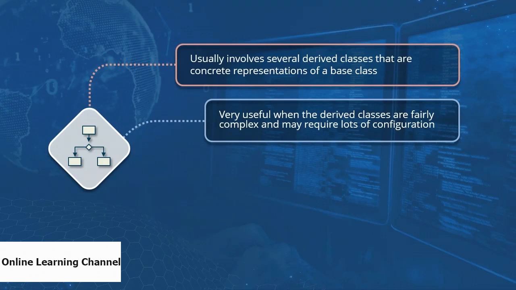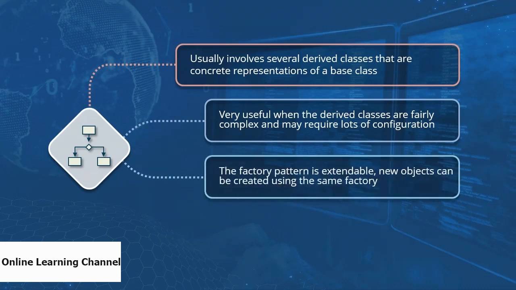The idea of exposing a factory method, which is essentially the interface that you use to create the objects that you need, is to allow for this creation code to be extended. The factory pattern follows the open close principle in that this pattern is extendable. New objects can be created using the same factory without modifying the code for that factory.